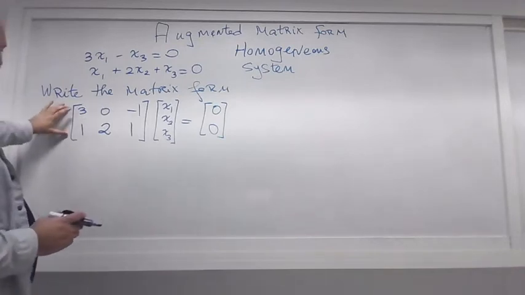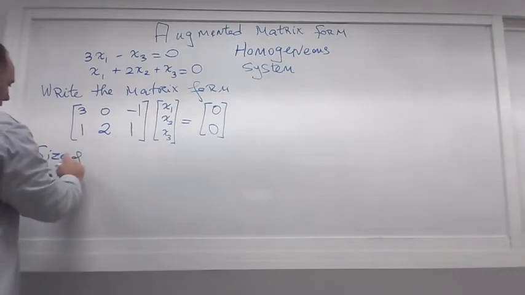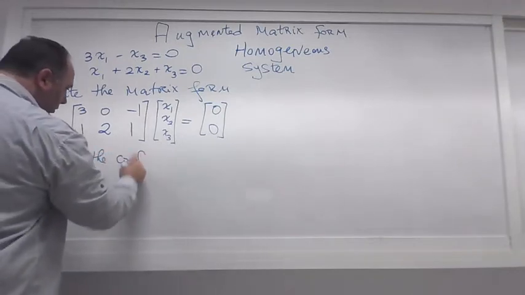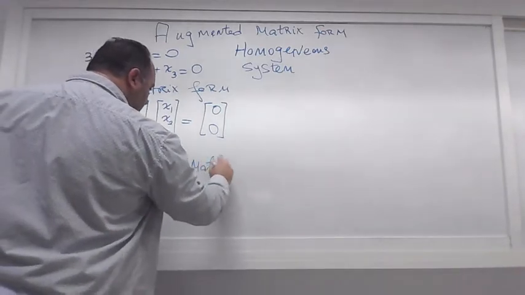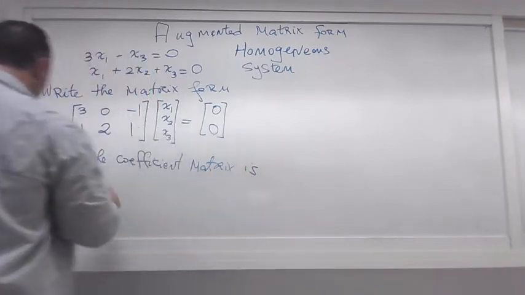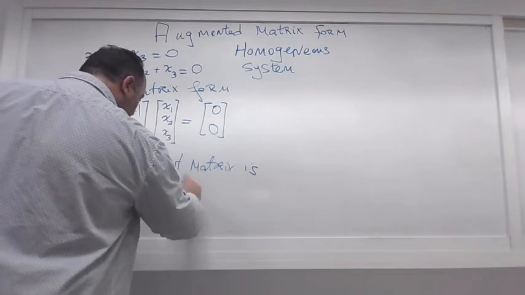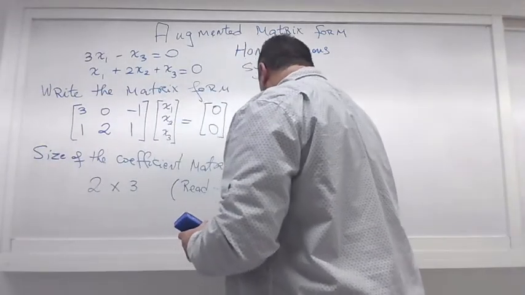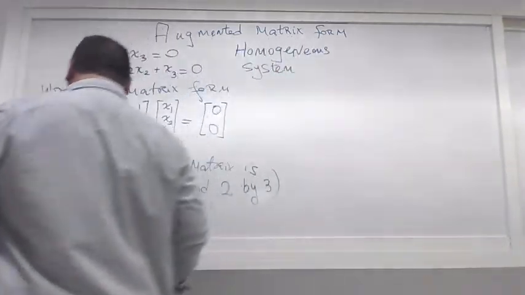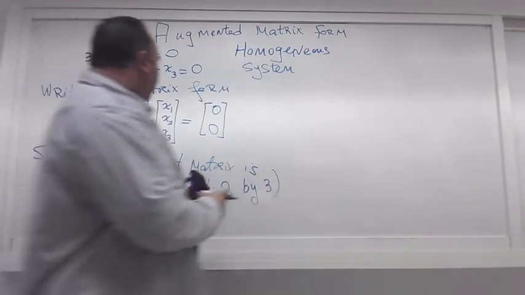So row 1, row 2, column 1, column 2, column 3. This is a matrix that is 2 by 3. The size of the coefficient matrix is 2 by 3. Read 2 by 3, so times is by. Good. And this is homogeneous.